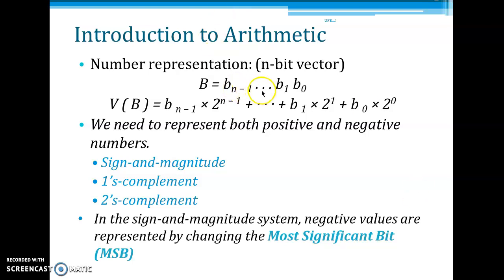So here we see that this is your binary operation. There is an n-bit vector we have. If suppose we have an n-bit vector, that n-bit vector will be represented with respect to bits, where we'll be having the least significant bit at the rightmost, and we'll be having the most significant bit on the left side of the bit string.